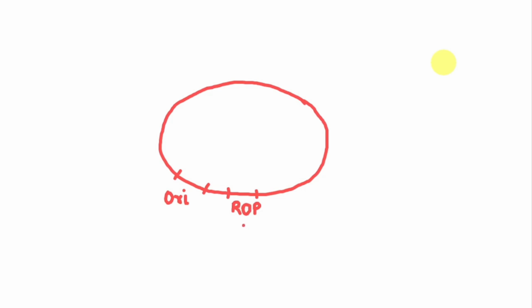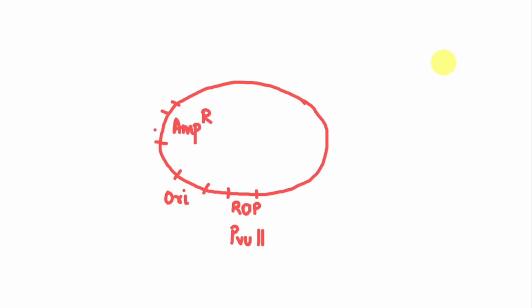And which restriction enzyme site is present here? It is Proteus vulgaris 2, PvuII. Then coming to the selectable marker, this marker is ampicillin resistance.